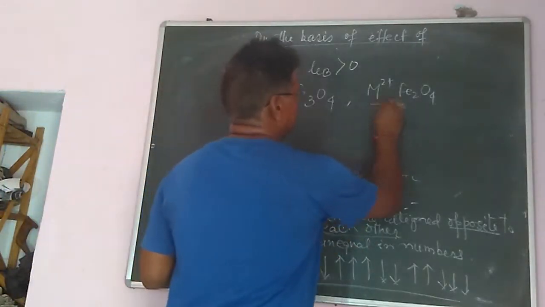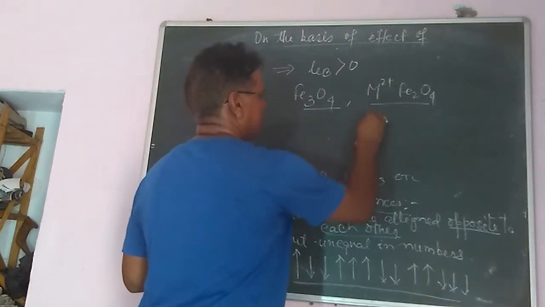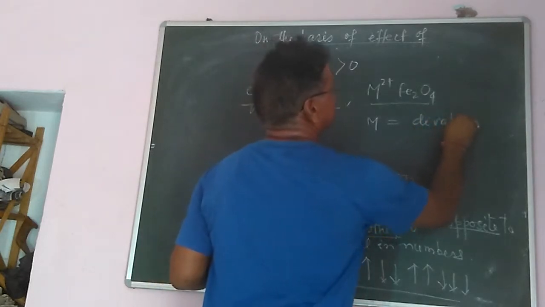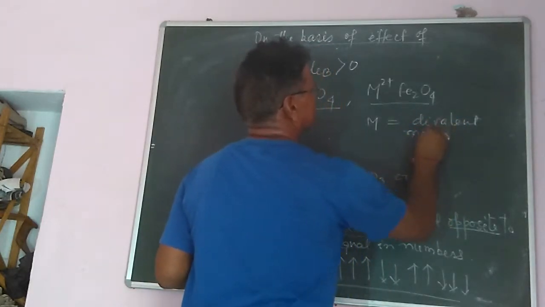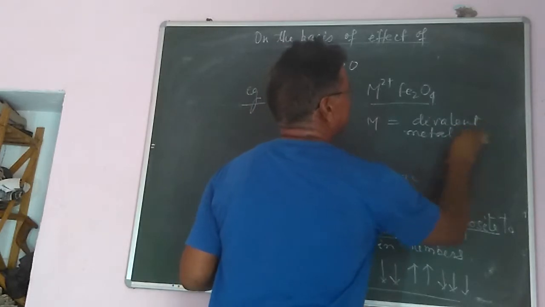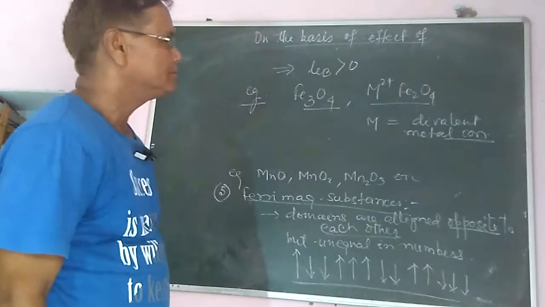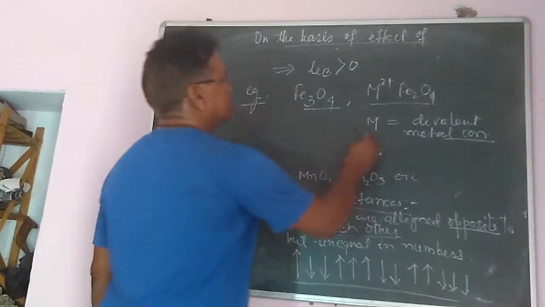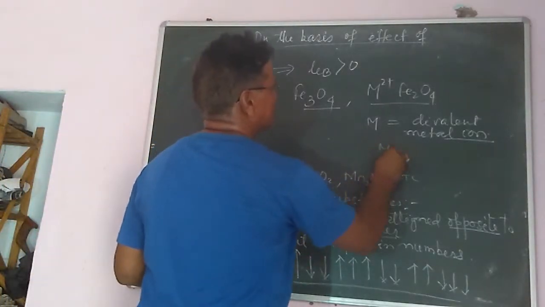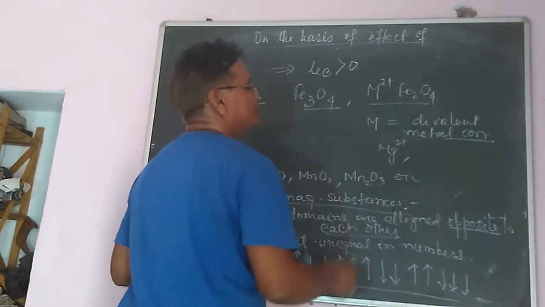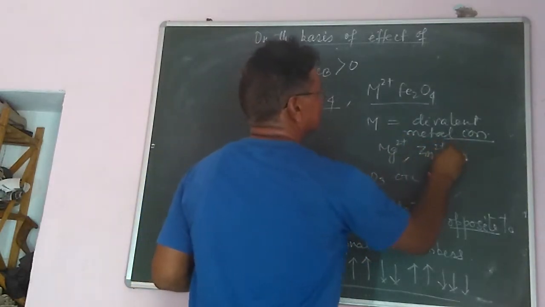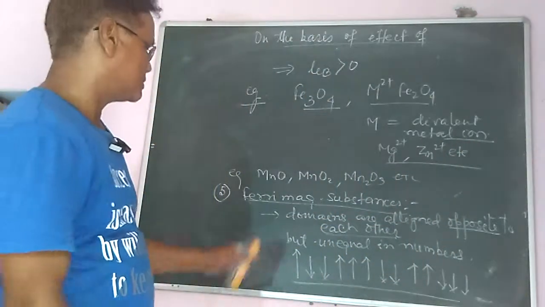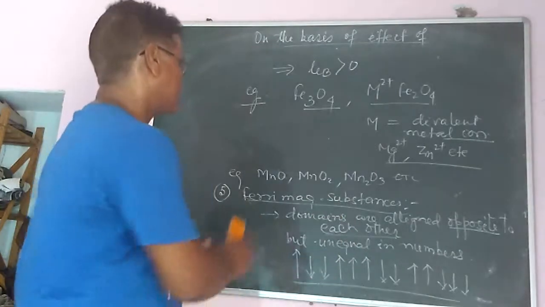In this case, this M must be a divalent metal, such as magnesium 2+, zinc 2+, etc. So such substances are called ferrimagnetic substances.